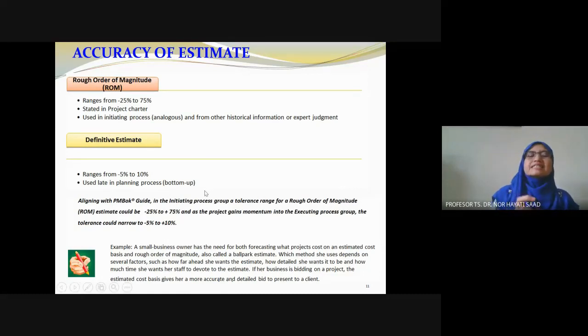Yeah, guys, this is the one that I asked about in assignment 2, to do a bottom up estimate. How to do that?